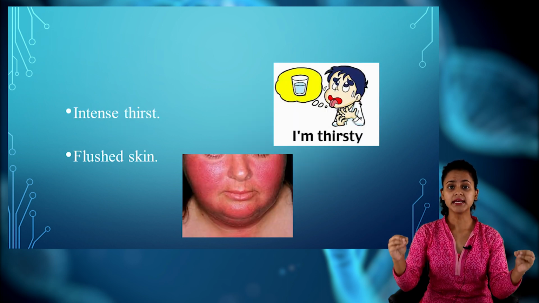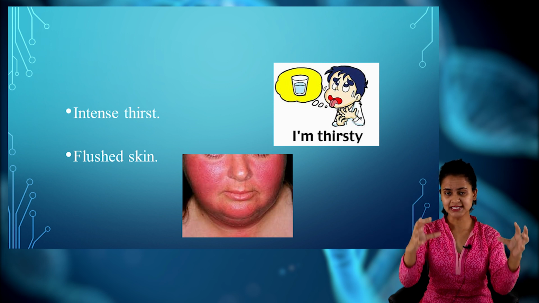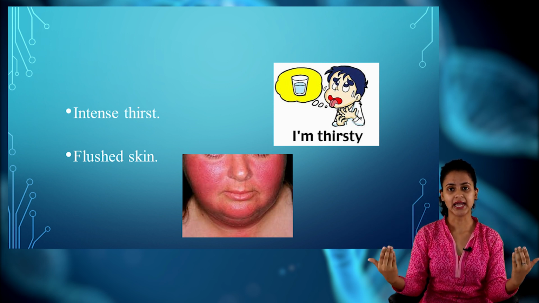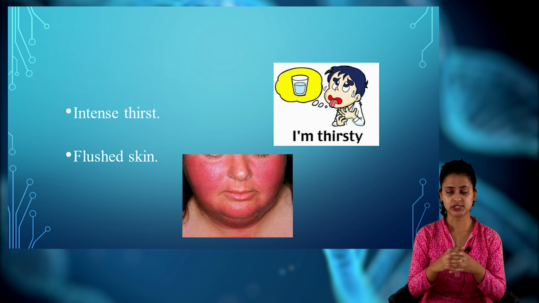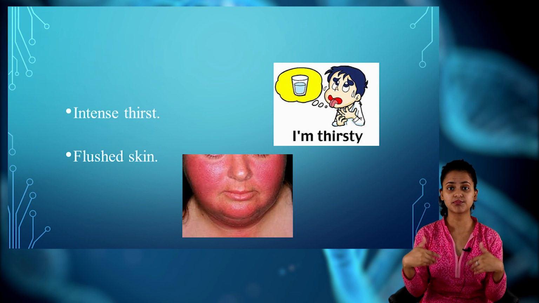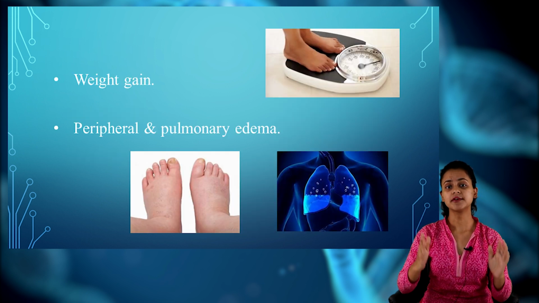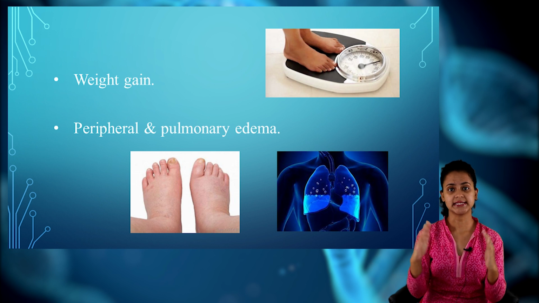Even the very common feature for this condition is flushed skin. So often the client with hypernatremia with no alteration in the extracellular fluid volume will present with flushed skin. Even the client can show features of peripheral and pulmonary edema.